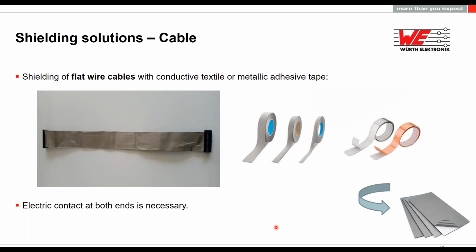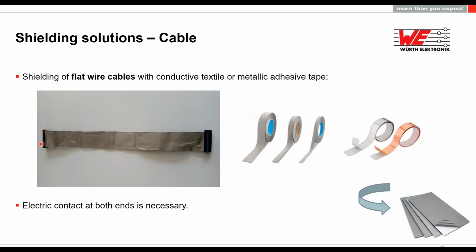On flat wires, it's really common the use of this kind of tapes. So we have the conductive fabric, and we have aluminum tape and copper tape. It's important to know that this shielding, these tapes, needs to have a proper ending. This meaning that we need to connect them to ground also.